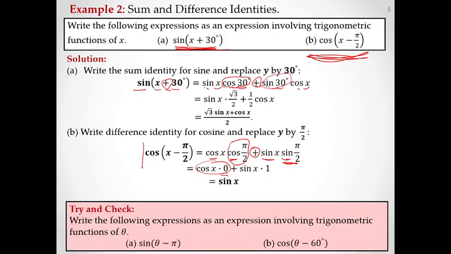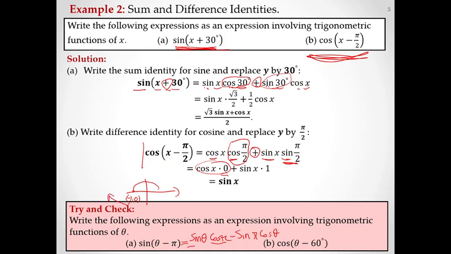Now let's try and check and see the new identities. You can directly use the formula here: sine theta cosine pi minus sine pi cosine theta. And cosine pi is what? Cosine pi is minus 1.